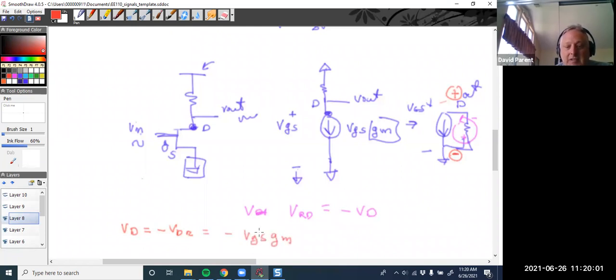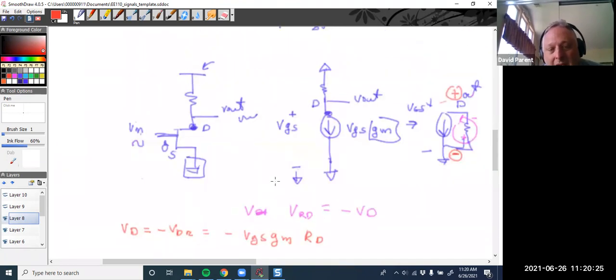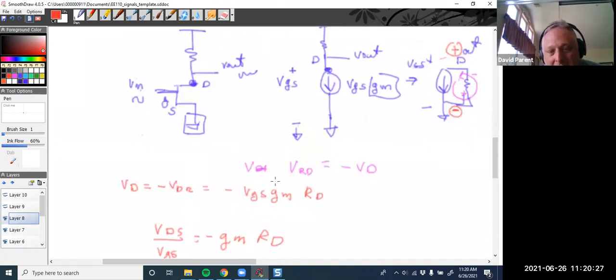VGS, GM, RD, and we solve for VD, which is V out. And it should be called VDS, actually. VDS divided by VGS is minus GM RD. Okay, so that would be the most simple thing possible.